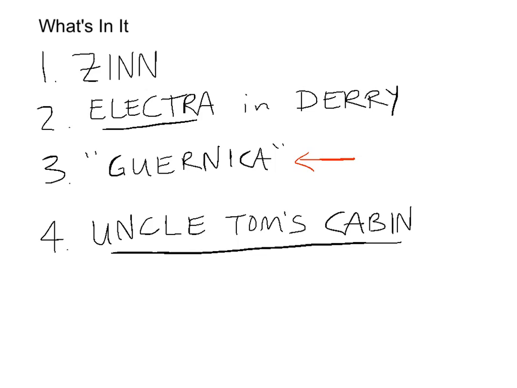In A5 and A6, you'll read about an instance that occurred not too long ago, where a copy of the painting in the United Nations actually had to be covered up because it's such a strong anti-war statement. And there was a day where America's Secretary of State was going to the United Nations to make the case for war against Iraq.